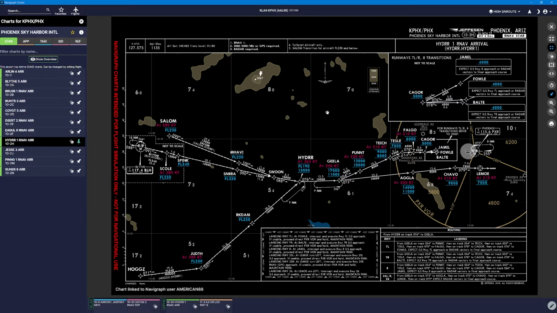But let's say the wind changes. And air traffic control comes back and says, expect either visual approach or ILS approach, runway 26. Well, now that's a little different.